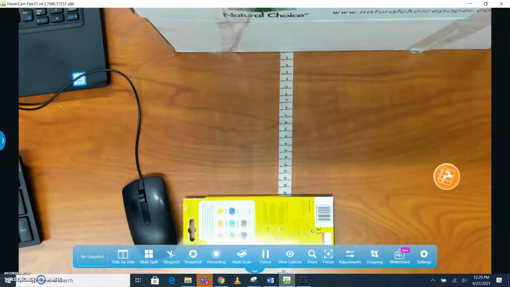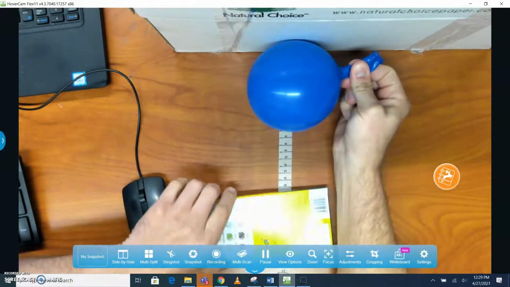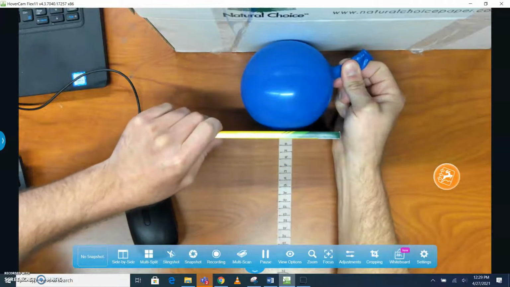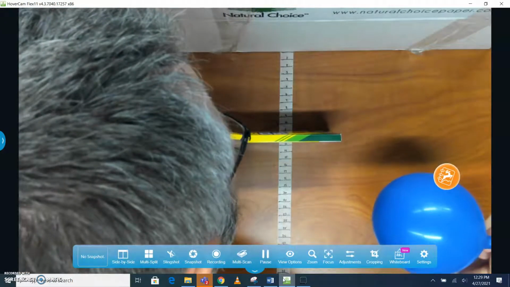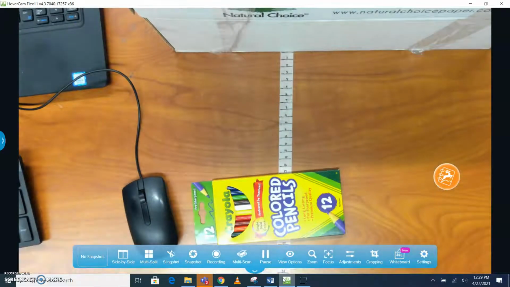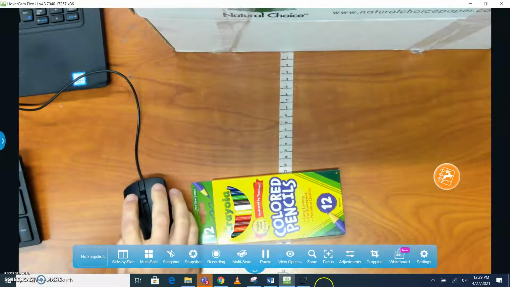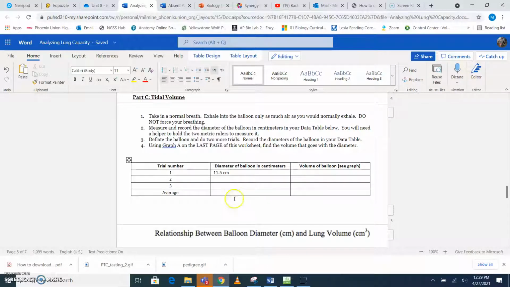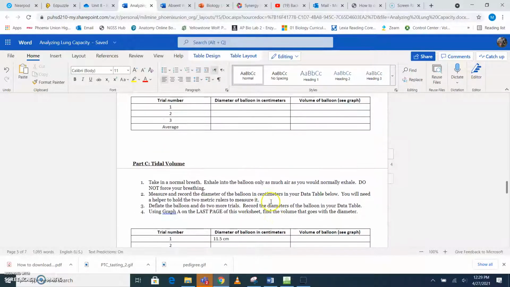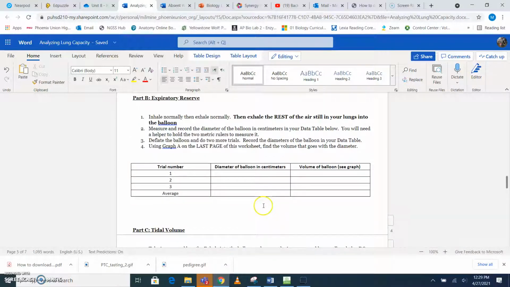Let's get our last one. There's our last one, and this one is looking to be 11. So we have 11 centimeters. Now you can take that data, you can record it, you can get the volume, but I'm going to roll straight to the expiratory reserve.